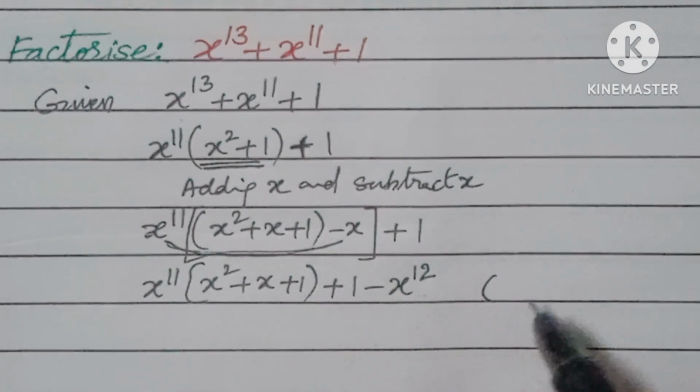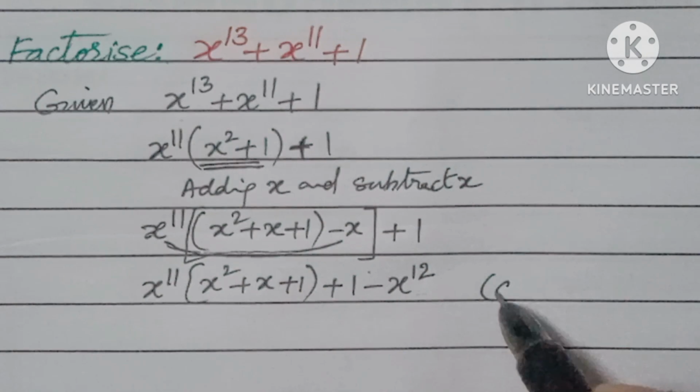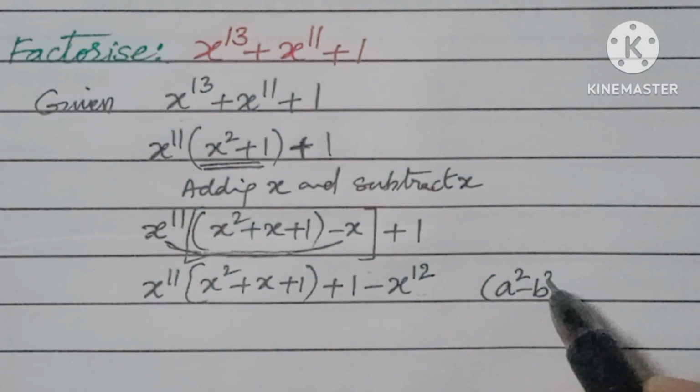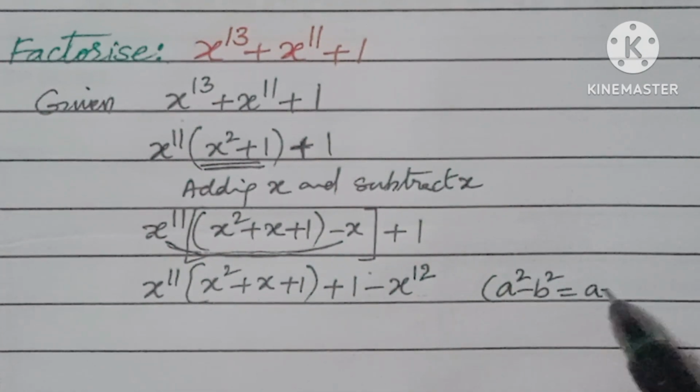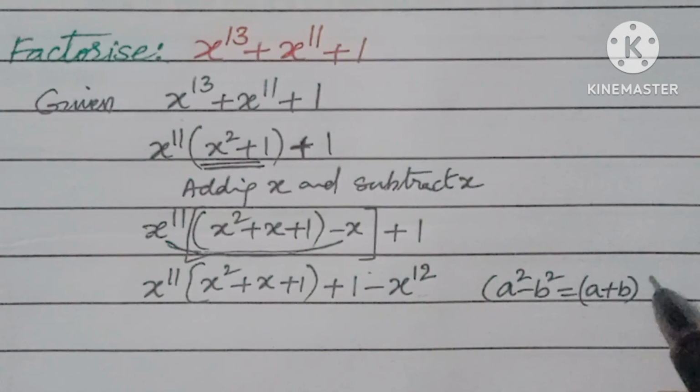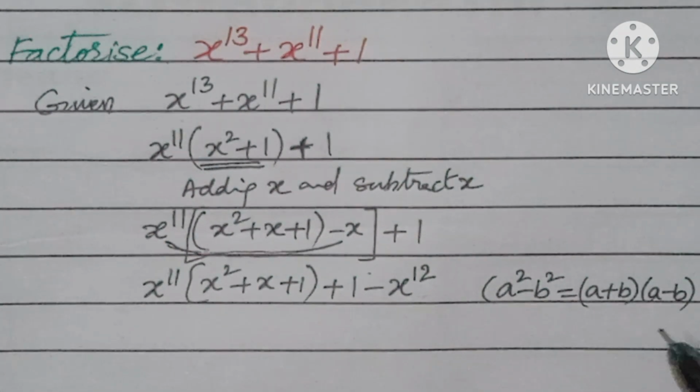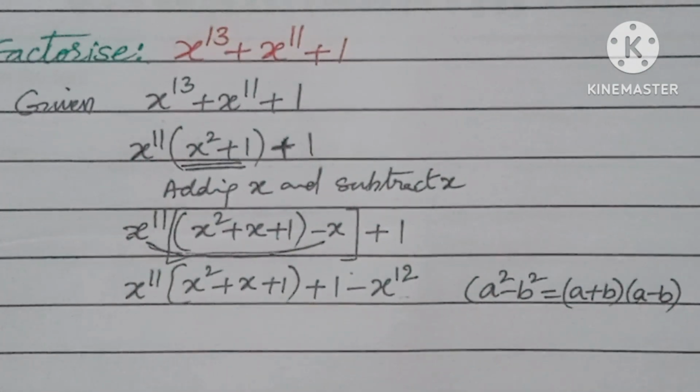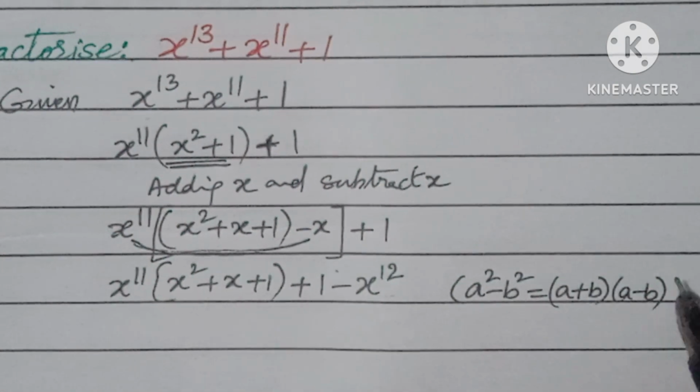So here you can use the formula a square minus b square is equal to a plus b into a minus b. By using this formula, you can write the factors here.